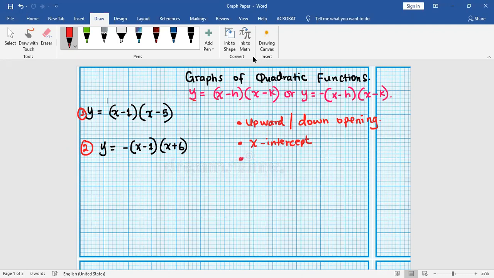Number 3, we looked at y-intercept. Y-intercept is the point where the curve will meet the y-axis.